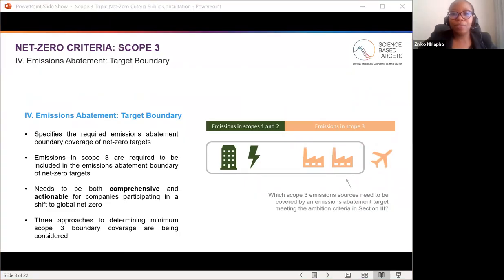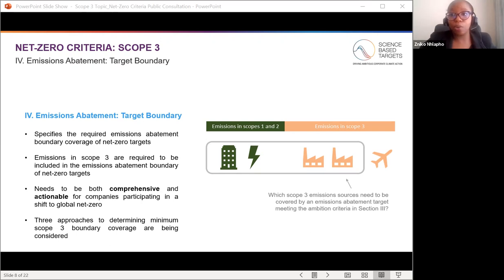And then when we refer to the Scope 3 target boundary, this specifies the required emissions abatement boundary coverage of net zero targets. The target boundary determines whether a company is committed to addressing the most material sources of emissions in their value chain.